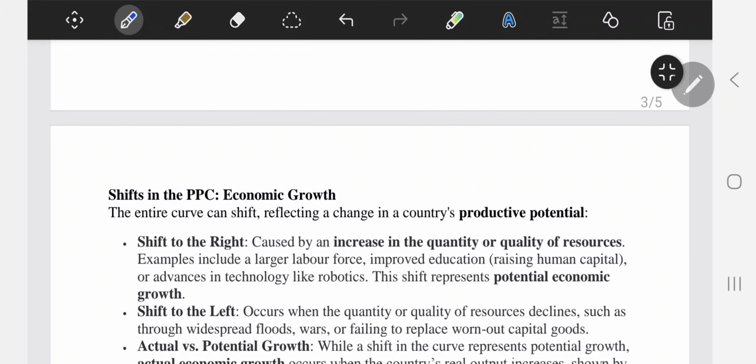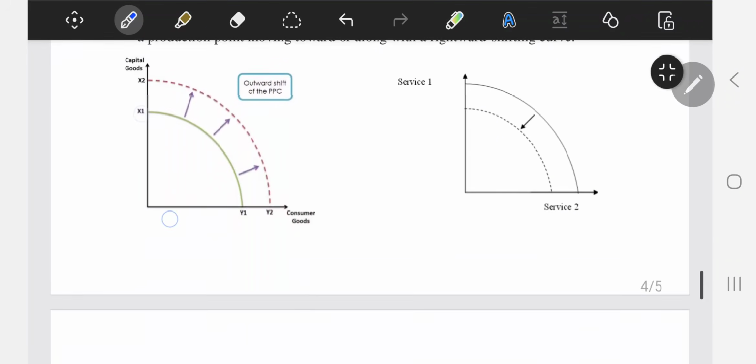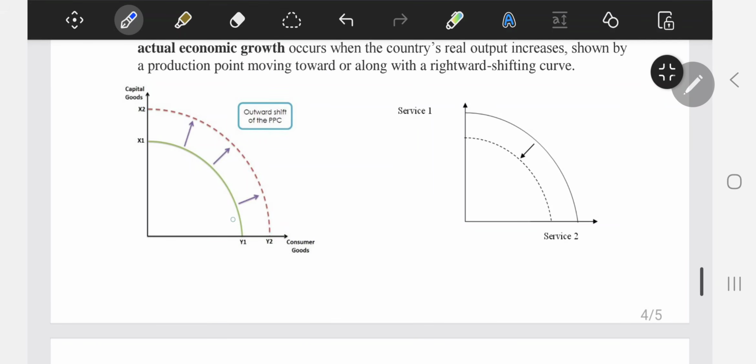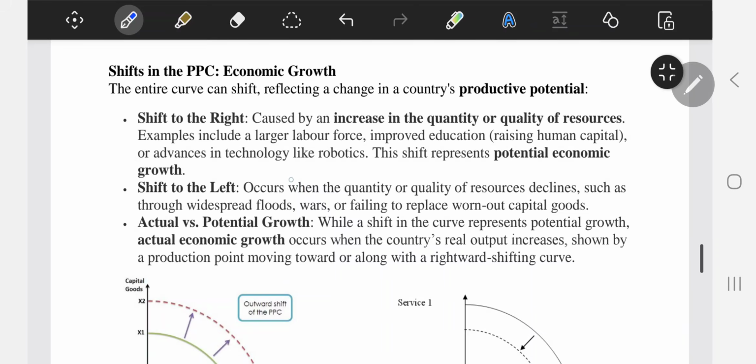Now, the PPC can shift to the right or to the left. I've shown that here. This is the PPC shifting to the right, and here's the PPC shifting to the left. A shift to the right of the PPC means there's either been an increase in the quality or in the quantity of resources.